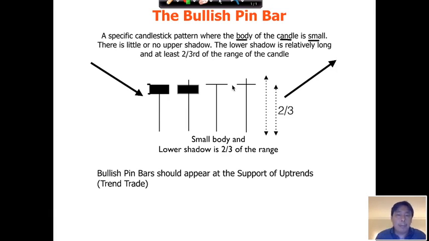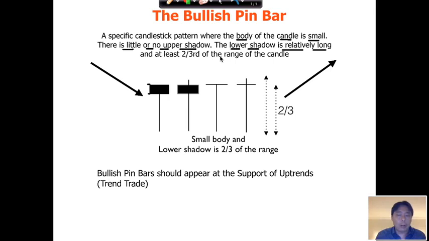Now, the bullish pin bar has little or no upper shadow. So notice that there's no upper shadow, very small, no upper shadow, very small. What does that mean? That means that the high of the candle was very close to the open and the close. So it didn't go up very high. But most importantly, a bullish pin bar is a candle where the lower shadow must be relatively long.